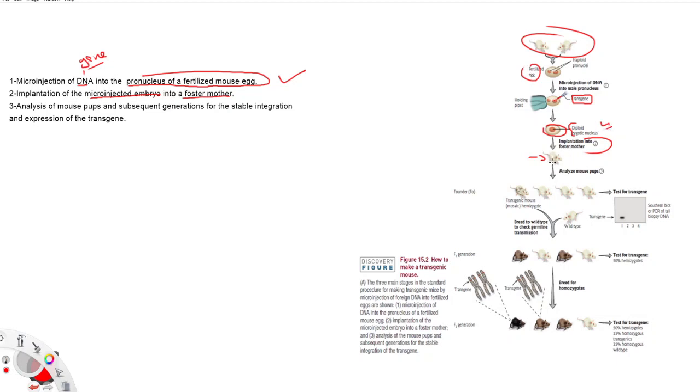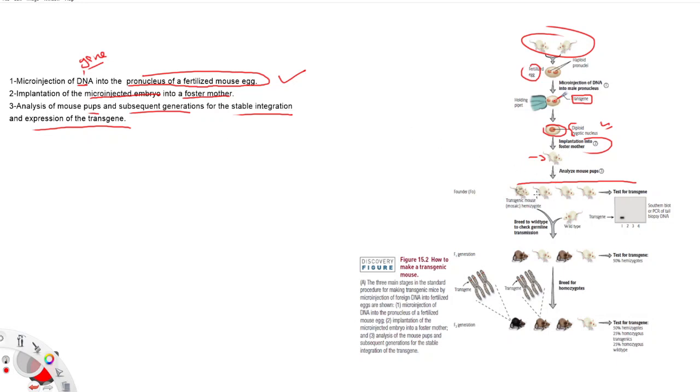And of course, once the foster mother has carried the nucleus, after a couple of days or weeks, you are going to have a couple of offspring, and within those offspring, you are going to analyze those pups and subsequent generations for stable integration as well as the expression of the transgene.